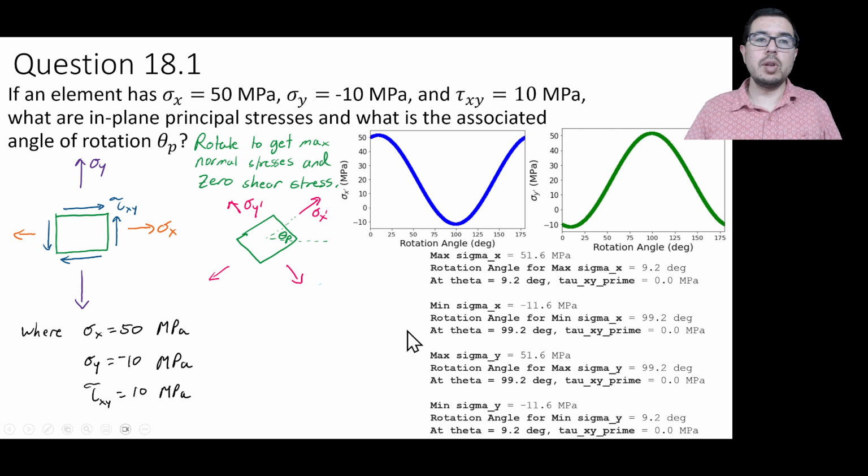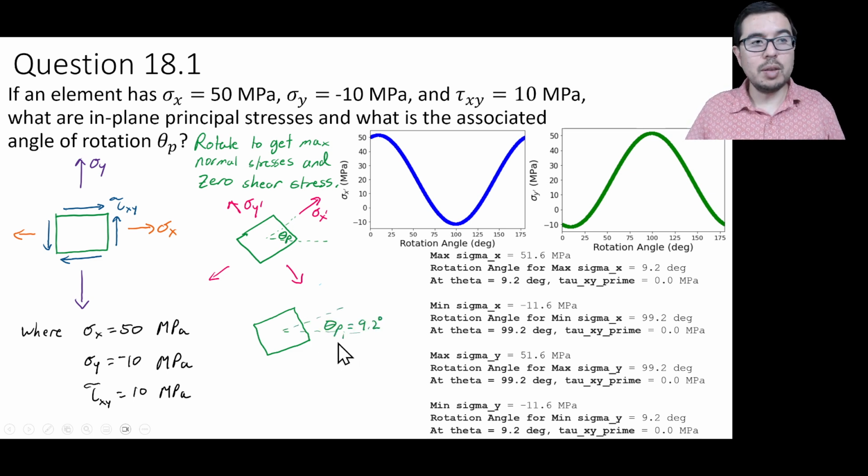What does this look like on an element? Well, let's draw another element, and this one is maybe rotated a little bit closer to 10 degrees than this one was. And so we'll say that's theta P1, 9.2 degrees. And this was the x direction originally.